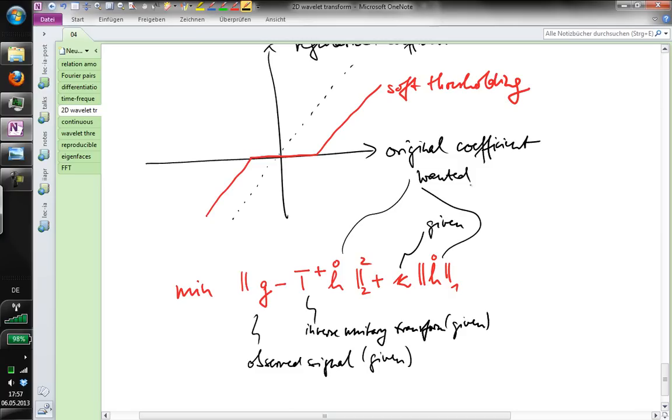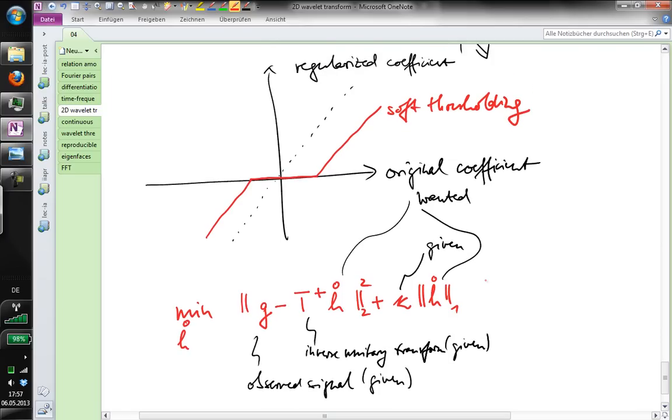And if you minimize this thing over H circle, then the result will be a soft thresholded version of the original coefficients, which is what I try to indicate with the red line here. So if I do not modify my original coefficients at all, then the regularized coefficient is the same as the original coefficient.